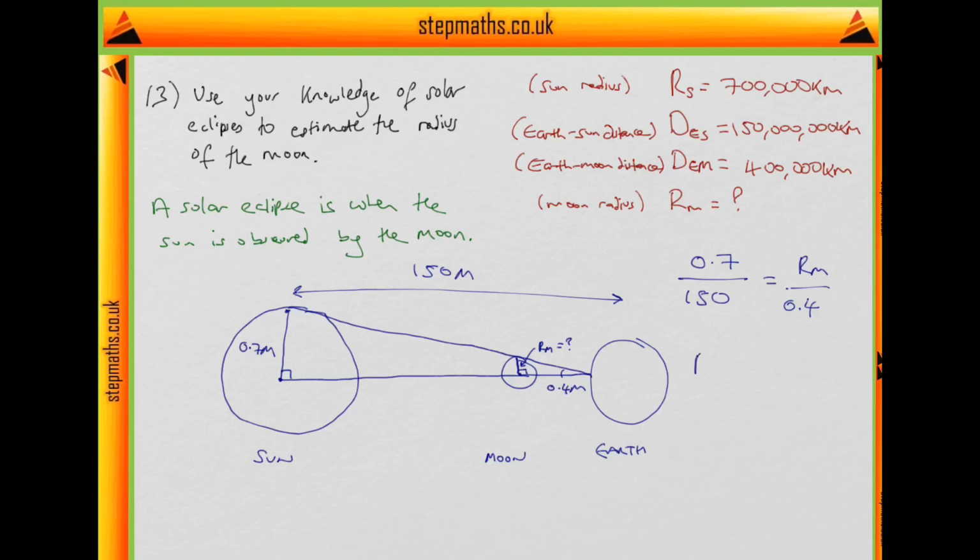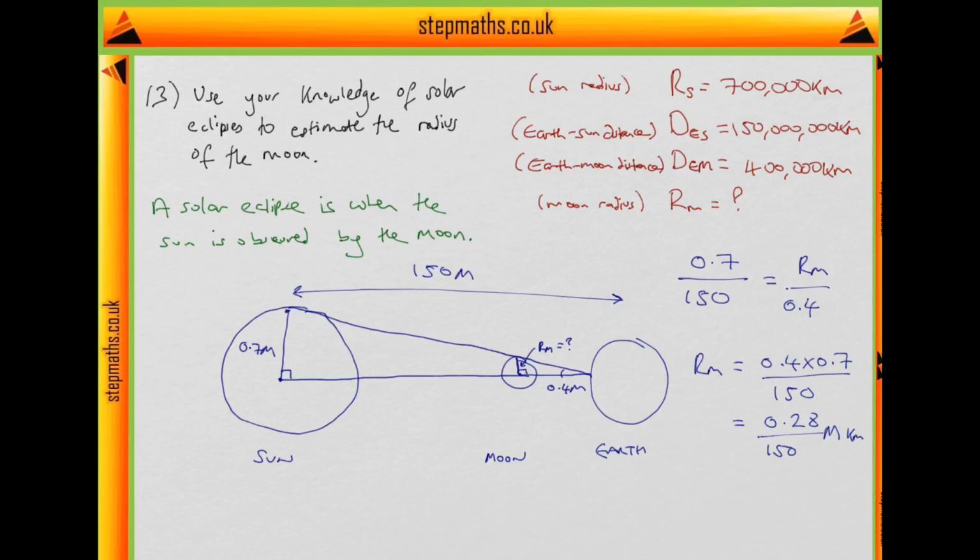Multiplying through, we get r sub m equals 0.4 times 0.7 over 150. Remember, this is in millions of kilometers, which equals 0.28 over 150 million kilometers.